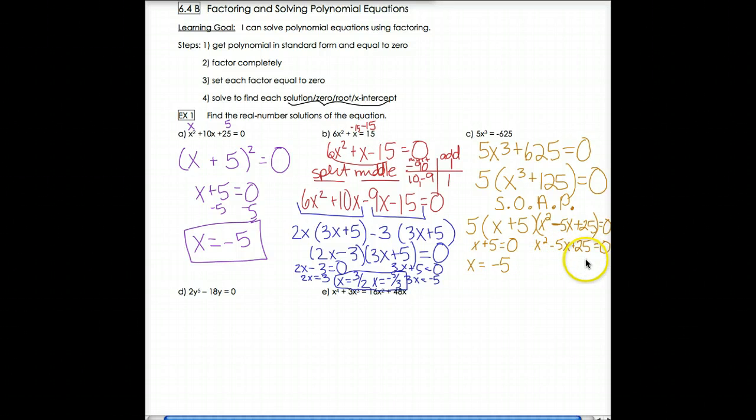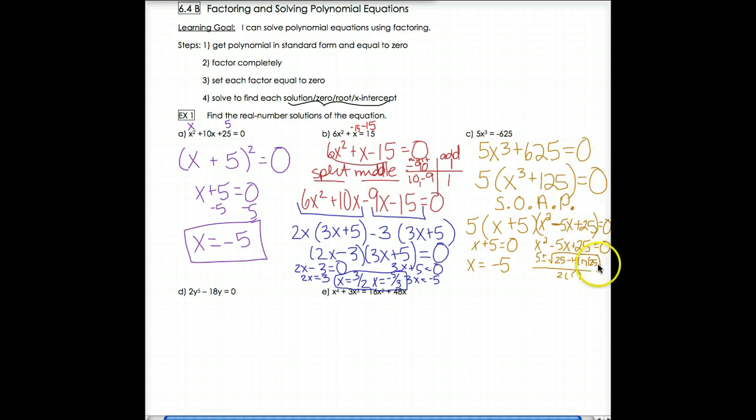You could complete the square. You could use the quadratic formula. If I used the quadratic formula here, opposite of b plus or minus the square root of b squared minus 4 times a times c, all over 2a.